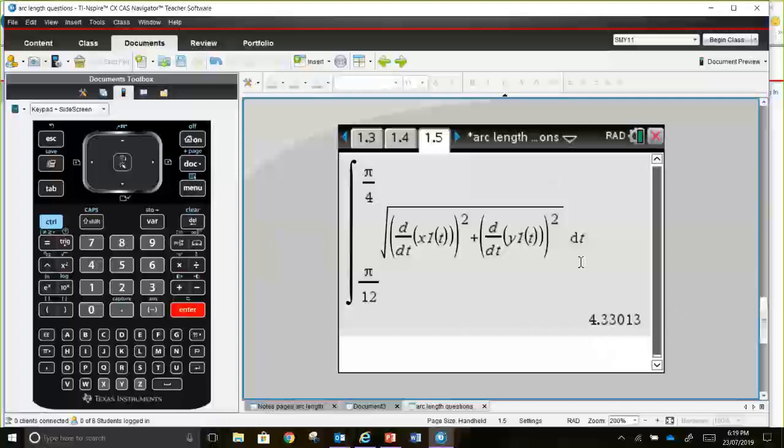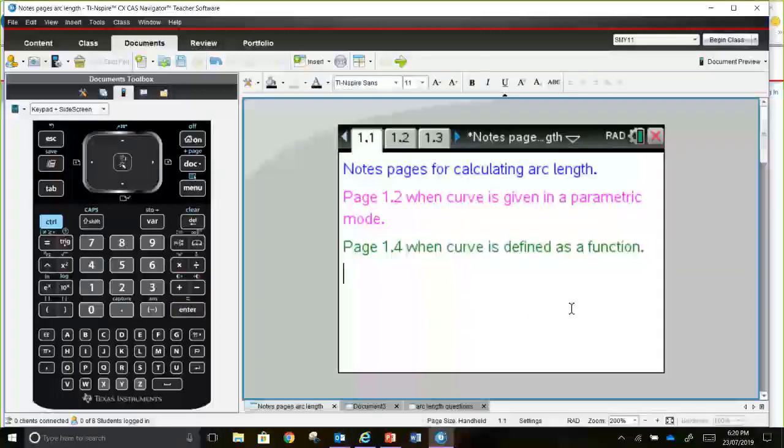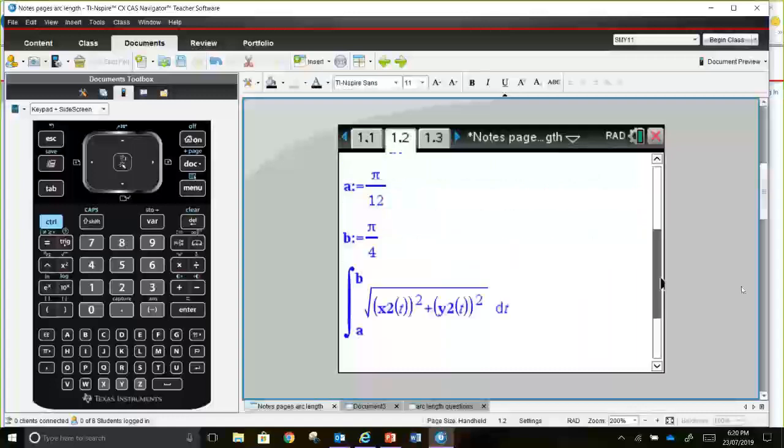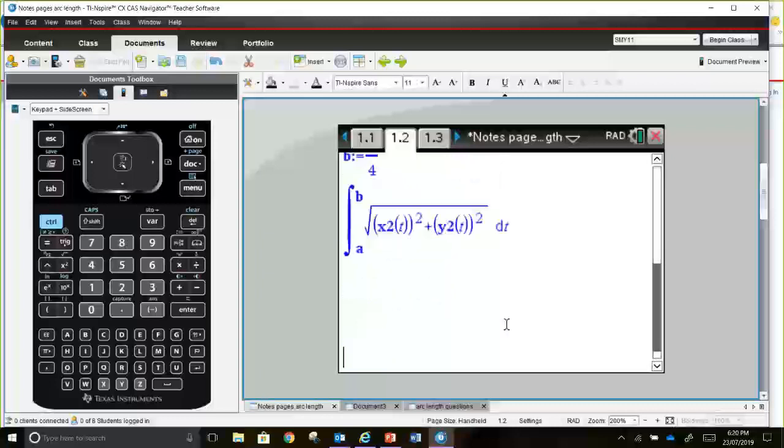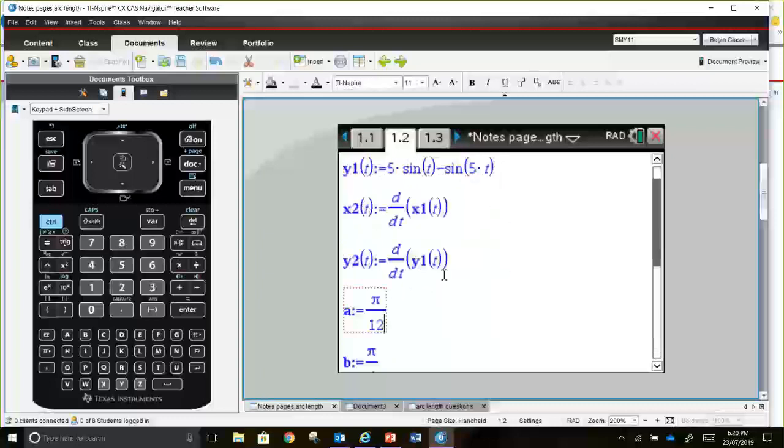Entering that is a bit tricky. I have prepared notes pages where entering those equations is a bit easier. Page 1.2 is where the curve is given in parametric mode, and page 1.4 is when the curve is defined as a function. What's done here is that we define the derivatives of x1(t) and y1(t), and we define the limits.